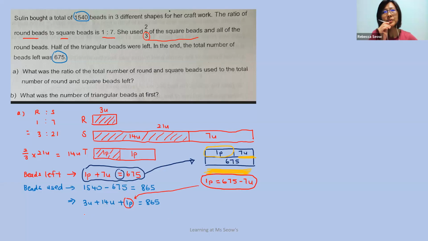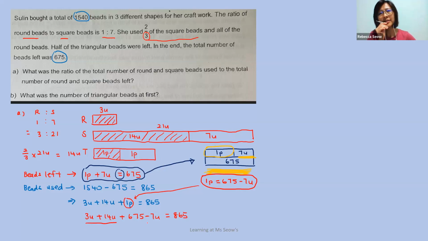So what happens to this equation that we have written? Well, 3 units plus 14 units remains. And instead of 1p, I'm going to write 675 take away 7u, and that gives us 865. Following that, I could simplify the whole equation.